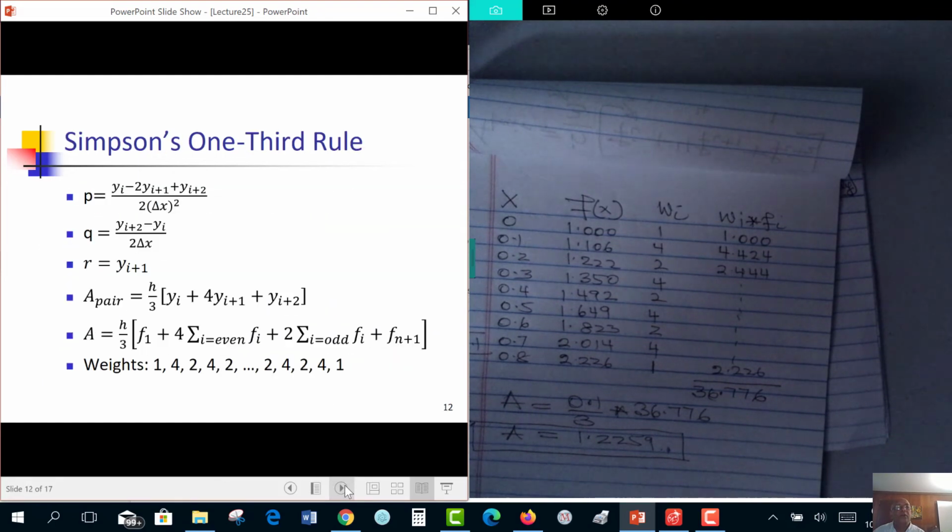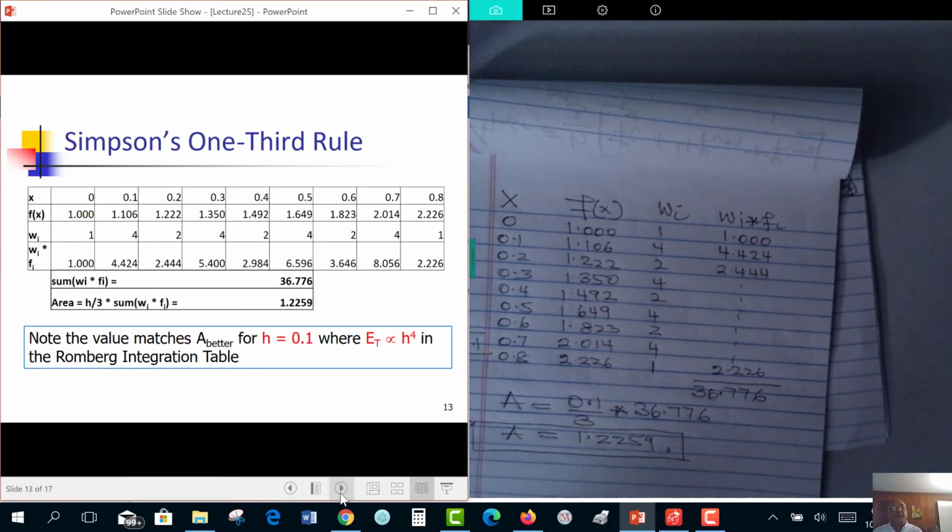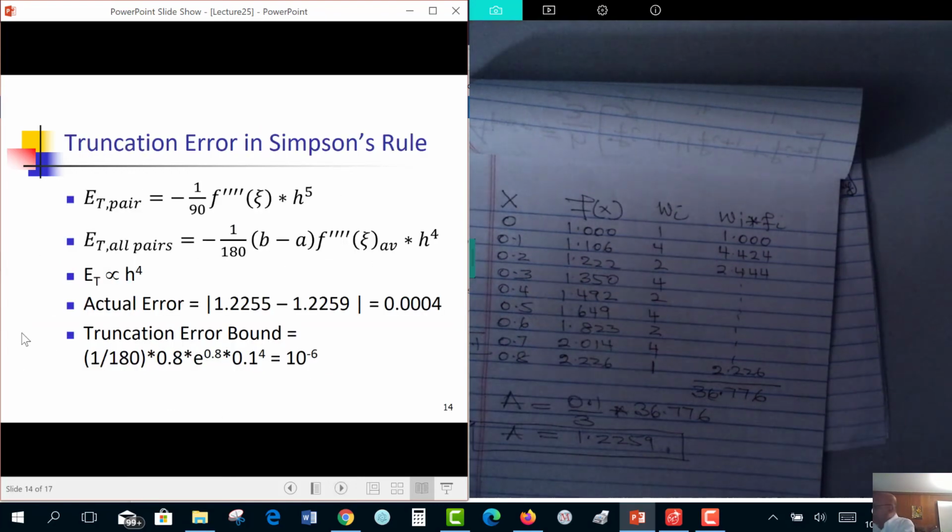So this is what we are going to find in terms of error.